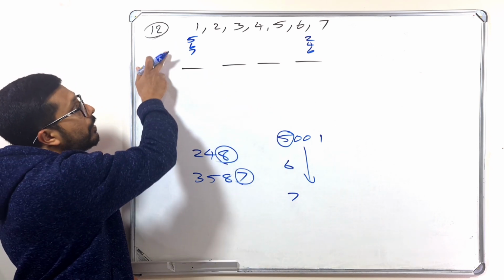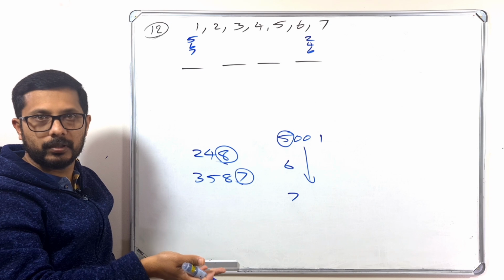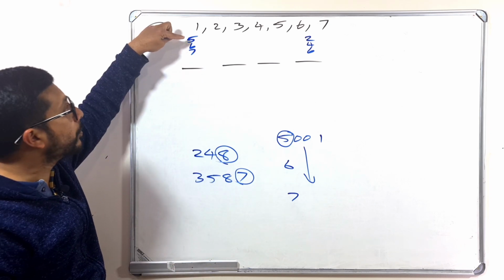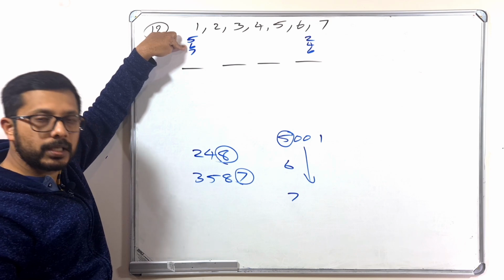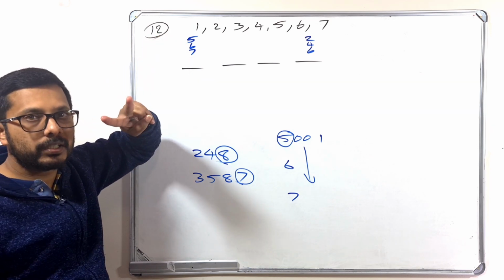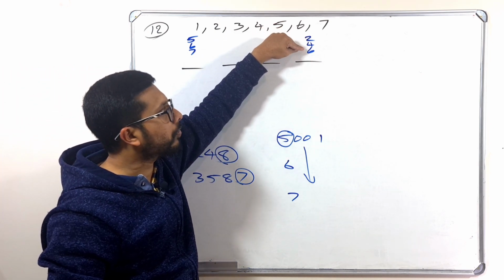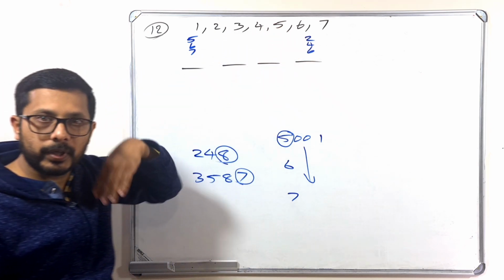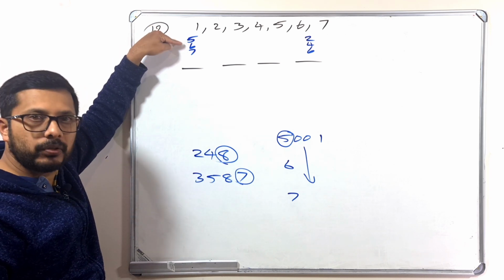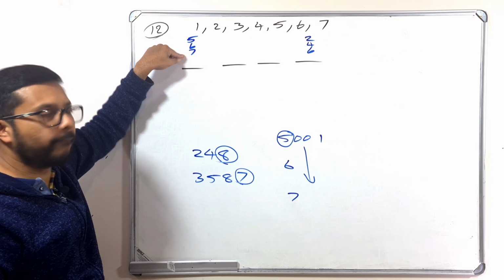So the options for the first position are either 5, 6 or 7. Two conditions: even number means the last number must be 2, 4 or 6; bigger than 5000 means the first number must be 5, 6 or 7. Are you with me?